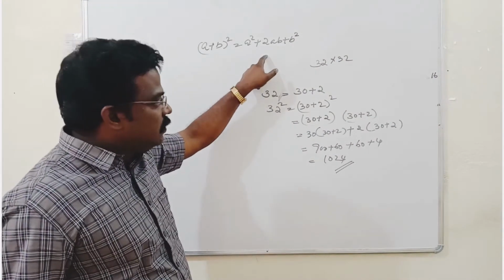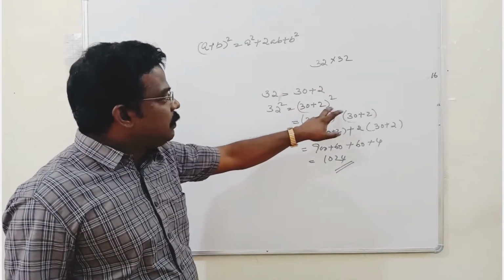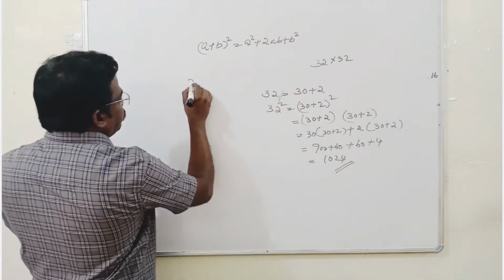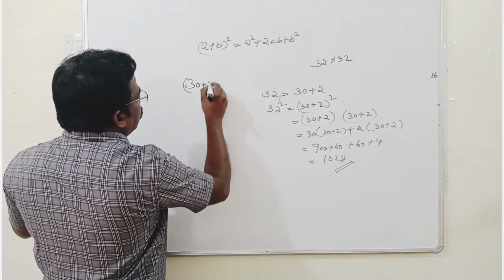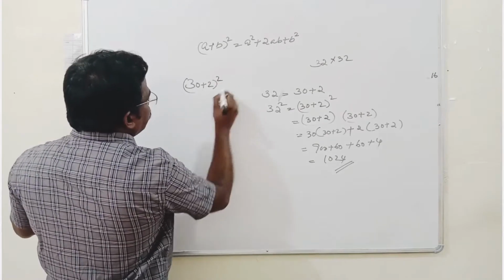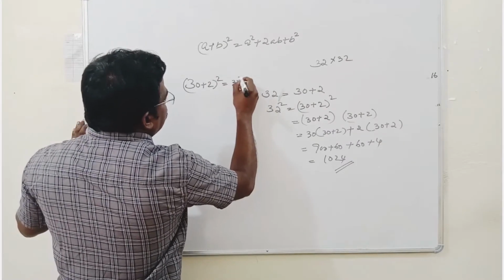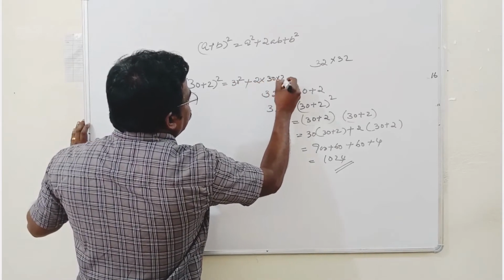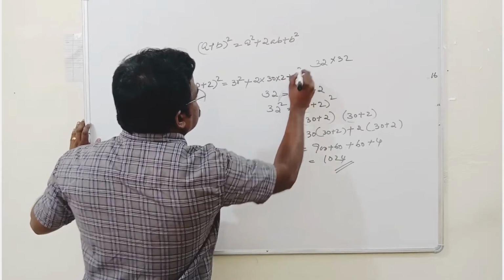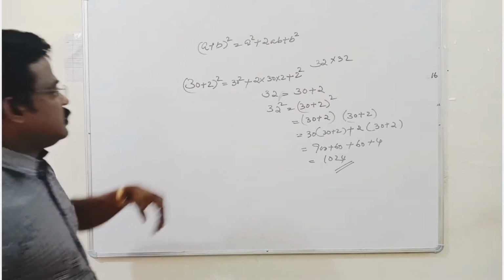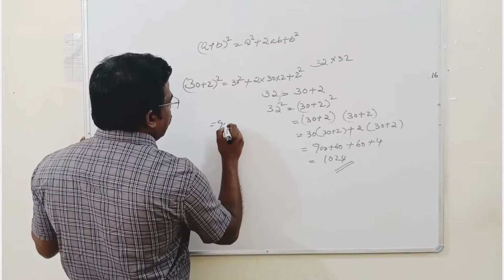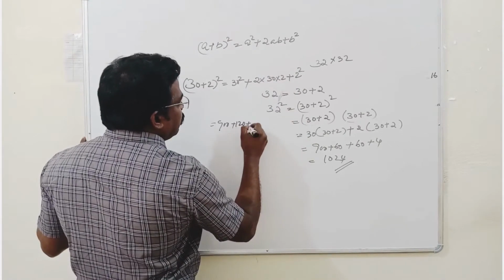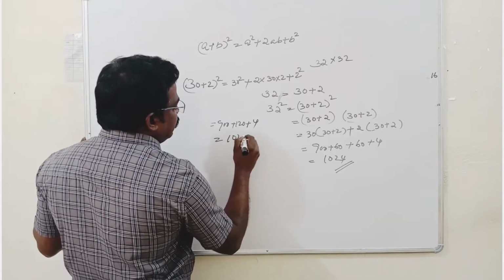If we use this, we can also find it, because it is (30 plus 2) whole squared, that is (a plus b) whole squared. So (30 plus 2) whole squared equals a squared, which is 30 squared, plus 2 into a, which is 30, into 2, plus 2 squared. So 30 squared is 900, 2 into 30 is 60, into 2 is 120, plus 4. That time also you will get this answer.